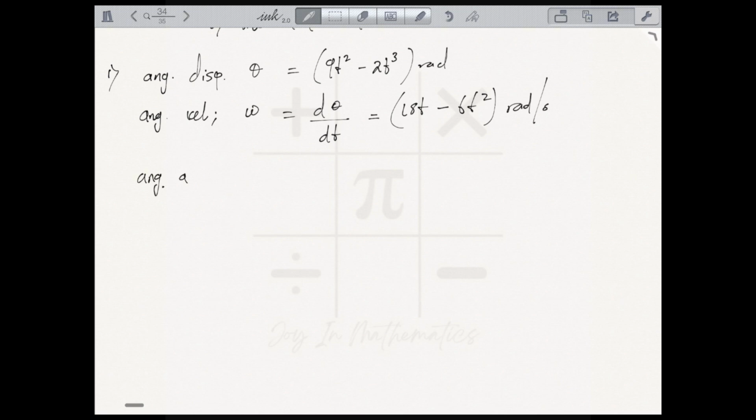Now the angular acceleration, which is given as alpha, is d squared theta over dt squared. That means we are differentiating the displacement 2 times. So we are going to be differentiating the angular velocity, which gives 18 minus 12t, and the unit is in radians per second squared.